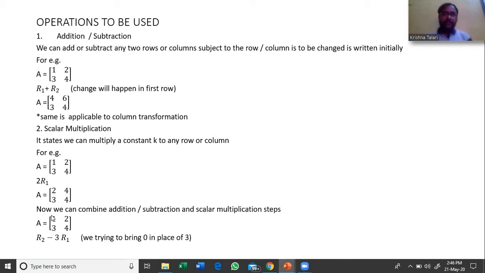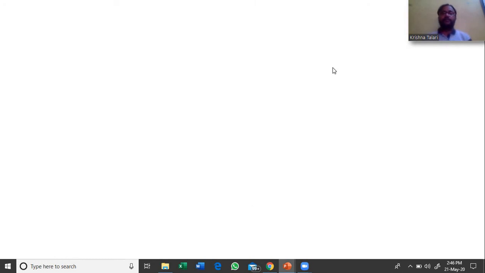I am multiplying the first row by 3 and then subtracting. So 3 minus 3 would be 0. 4 minus 3 into 2, so 4 minus 6 would be minus 2. So your answer is 1, 2, 0, minus 2.